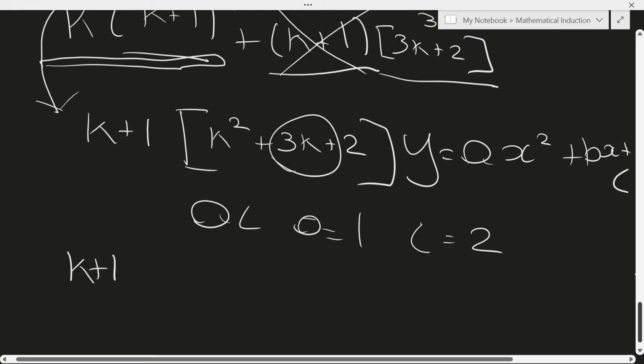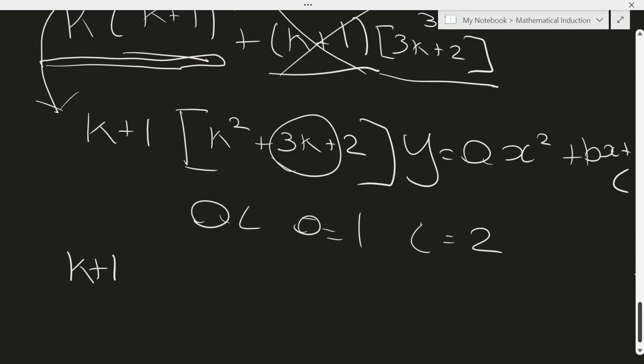So now we'll have k plus 1, and because we'll be breaking this up, this won't be k squared plus 3k plus 2 anymore. We'll have k plus 1, k plus 2. Right? Things should be simple.